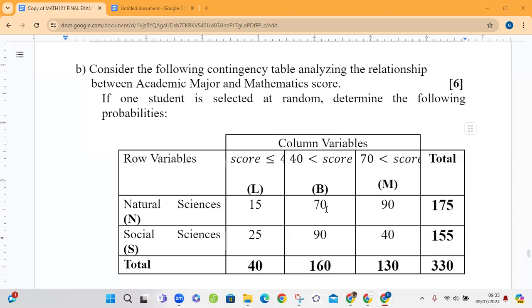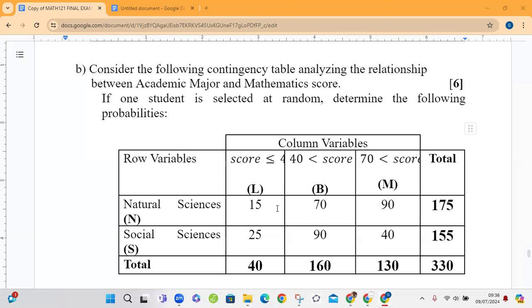And here you have the intersections. So for example, natural sciences and lower than 40, you have 15. Natural sciences and between, you have 70, etc. Social sciences and more than 70, you have 40.